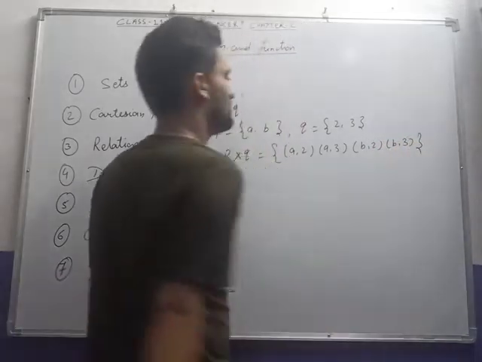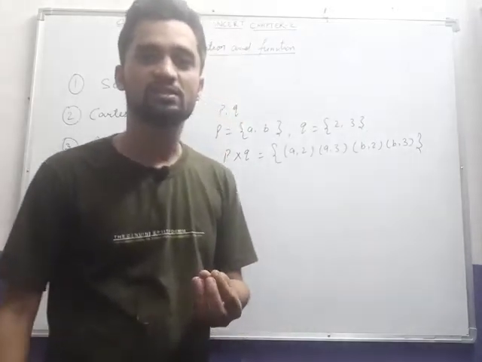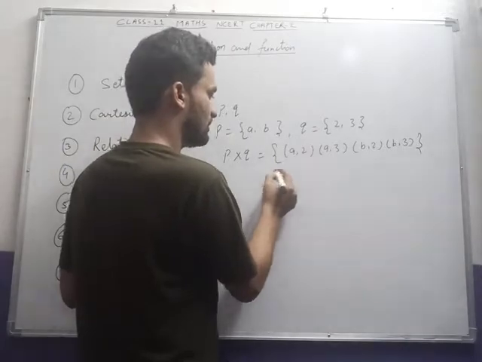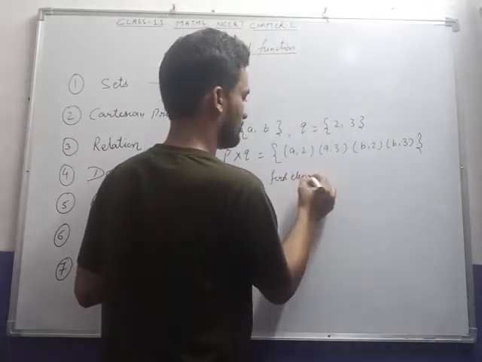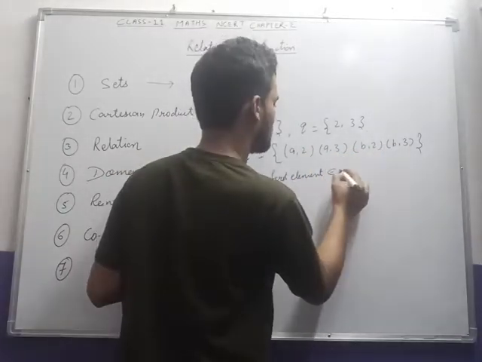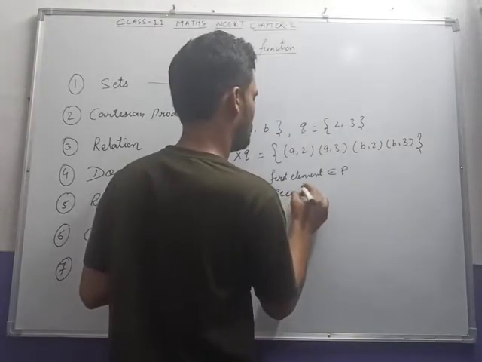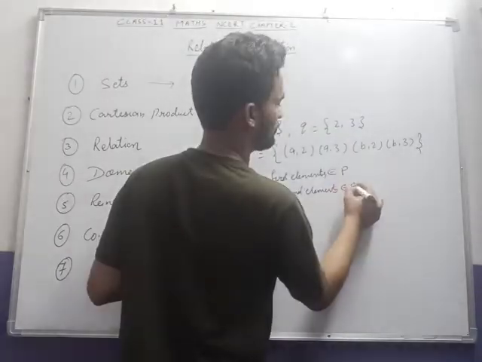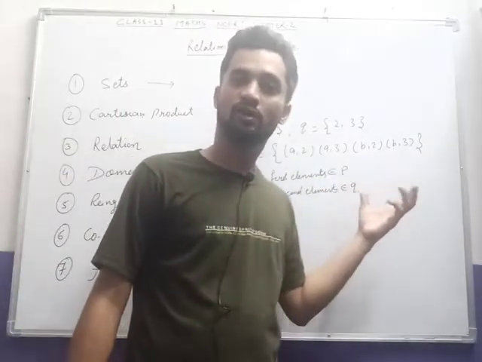It means these are the set of ordered pairs. Cartesian product means a set of ordered pairs in which the first element must belong to the first set, that is P, and the second element must belong to Q.